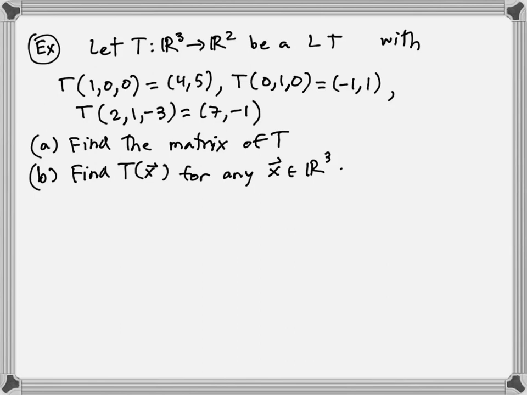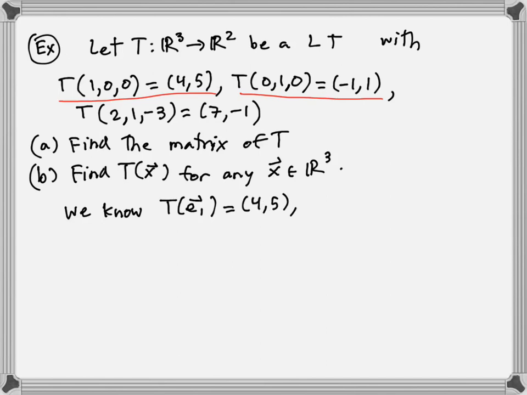Now, we can almost find the matrix of T because they give us two nice facts here. We know that this is true and this is true. In other words, what they're telling us is that T of E1 is equal to (4, 5), and T of E2 is equal to (-1, 1).